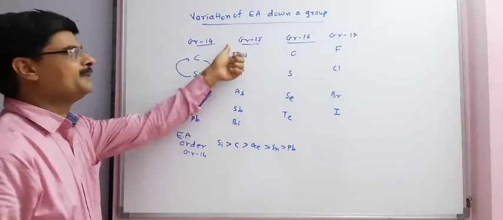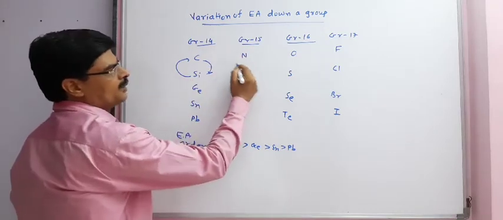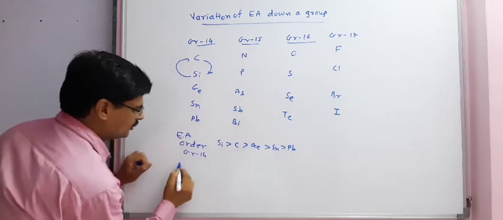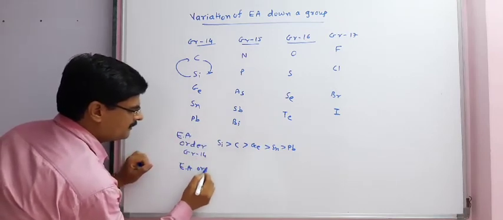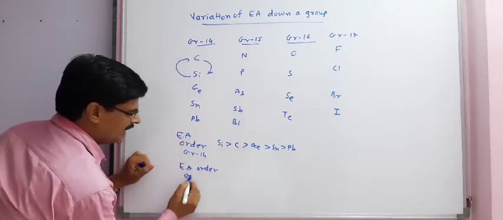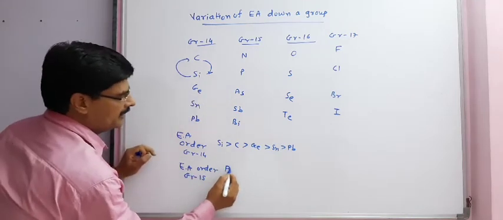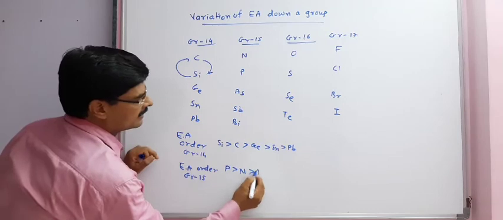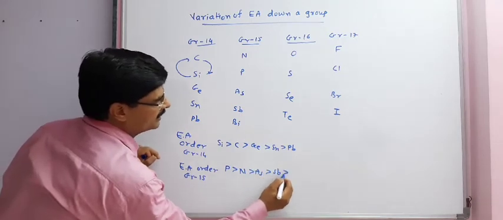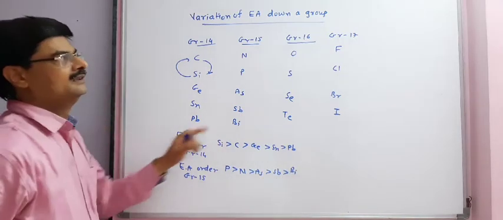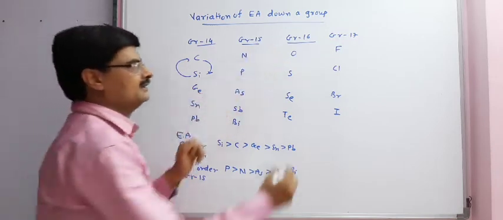For group number 15, again the order is reversed from phosphorus and nitrogen. So electron affinity order of the elements present in group 15 is P > N > As > Sb > Bi.